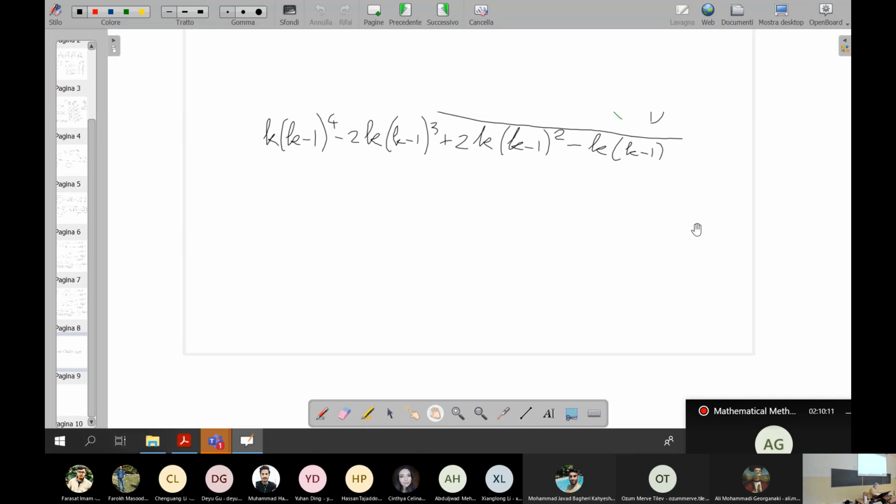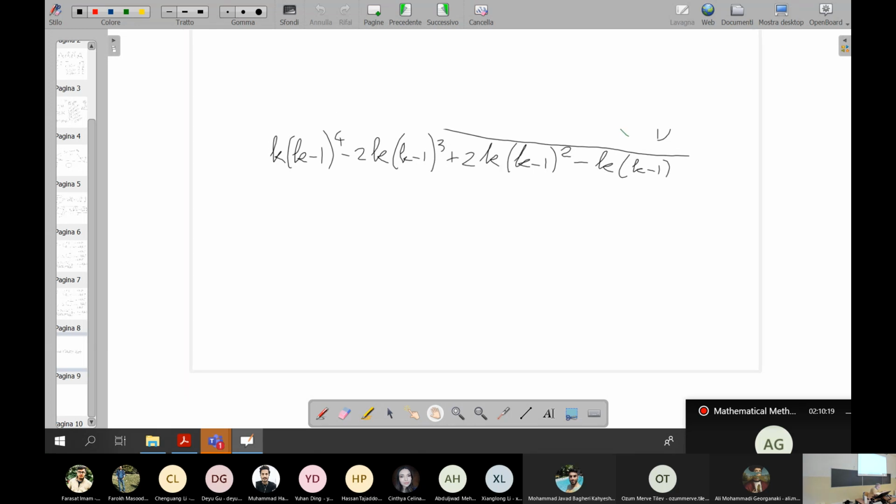So here, very rapidly, I'll try to do this computation. Tartaglia or Pascal triangle, 1, 2, 1, 1, 3, 3, 1, 1, 4, 6, 4, 1.